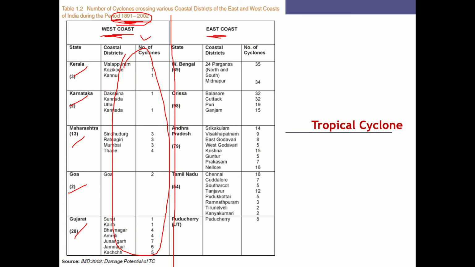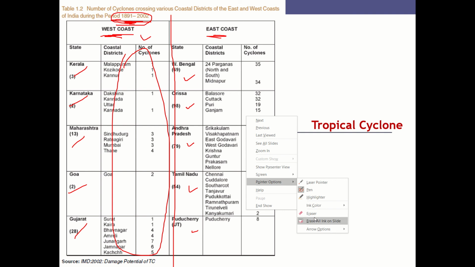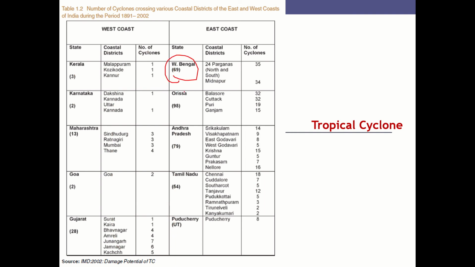But if you see the same thing on the eastern coast, West Bengal, Orissa, Andhra Pradesh, Tamil Nadu, and Puducherry, you can see that the number of cases is huge, and this is also a global phenomenon. All the eastern coasts are more vulnerable to disasters, particularly cyclones, because of the uneven heating up of the sea surfaces.